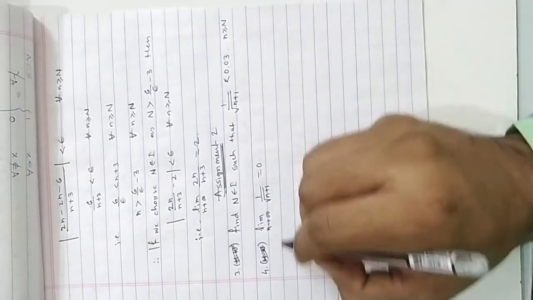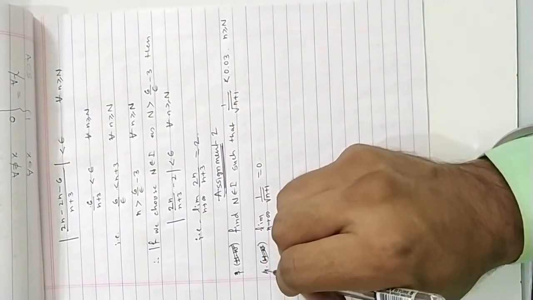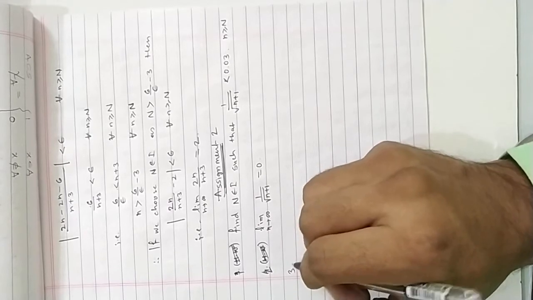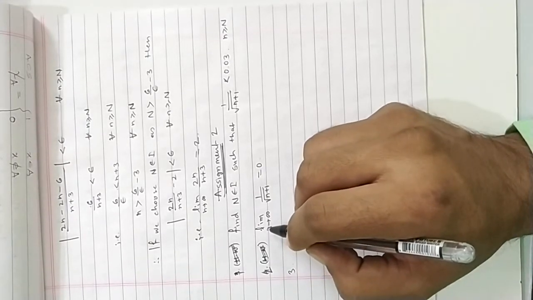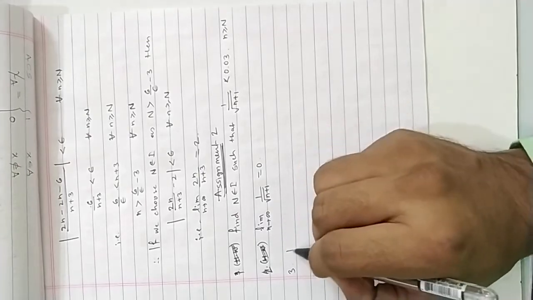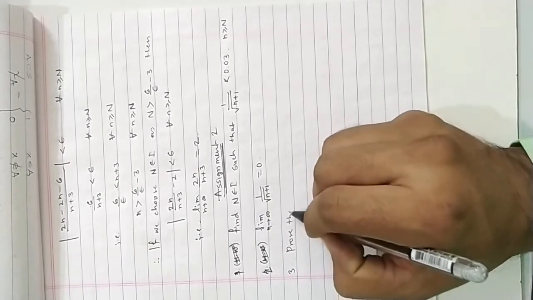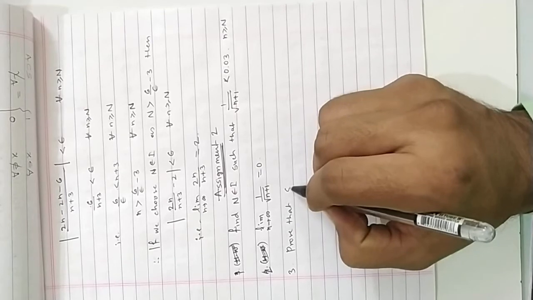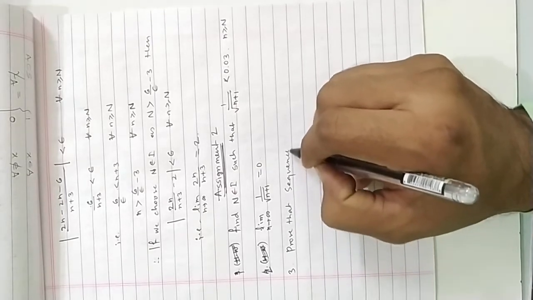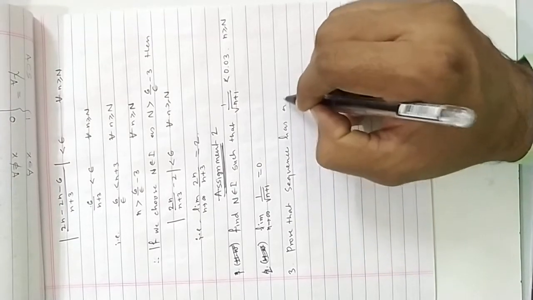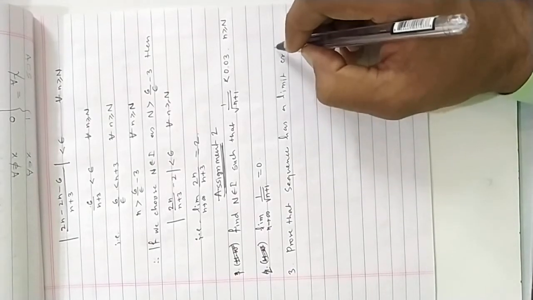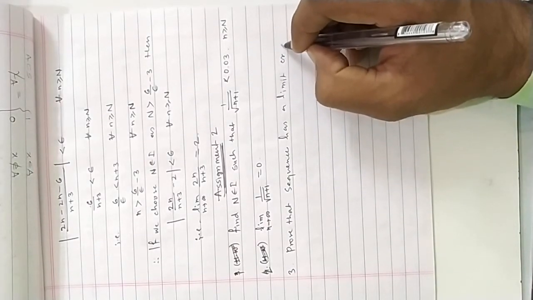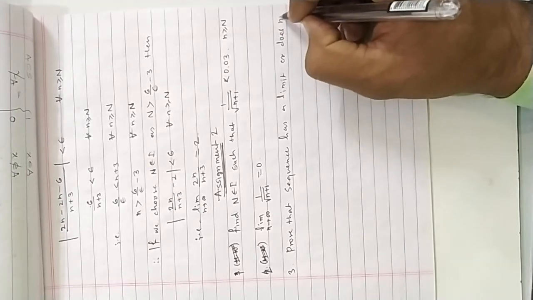Assignment 2. This is example 1, example 2, example 3. Prove that the sequence has a limit or does not have a limit.